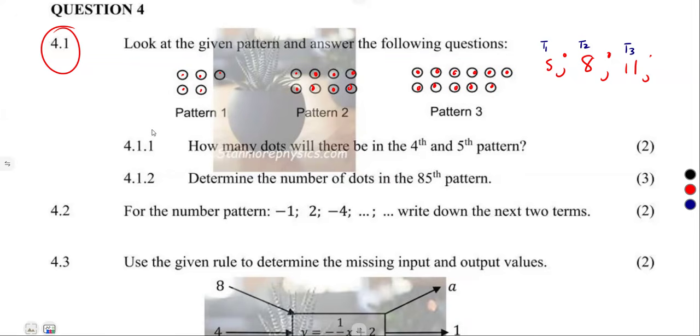So the question here, on 4.1.1, is how many dots will be there in the fourth and the fifth pattern, meaning what is our T4 and what is our T5.